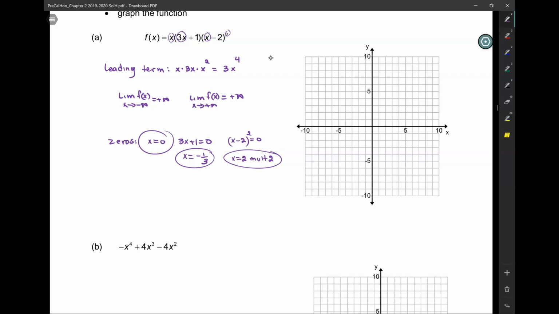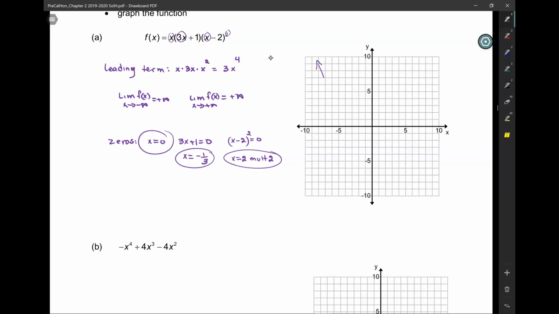I'll tell you where the difference is. We can do everything except the y value, like the location of the maxima and the minima. All right. So here's what we're going to do. We start with the end behavior. On the left-hand side, as x approaches -infinity, this graph is going up. So I put a little guide arrow that it's going up that way.